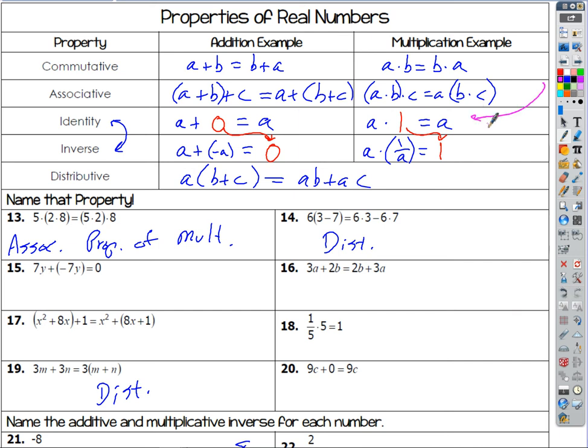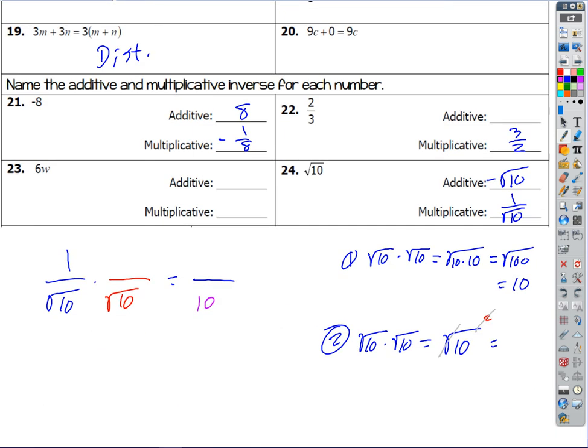Right? Because the way that we don't change the identity of something is when we multiply it by 1. So if I don't want to change the identity of what I'm starting with, which is 1 over the square root of 10, I better be multiplying it by 1. If I have the square root of 10 on the bottom, what do I have to have on the top if this fraction is going to equal 1? Square root of 10, exactly, right?